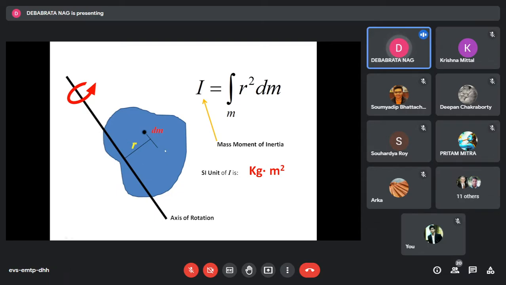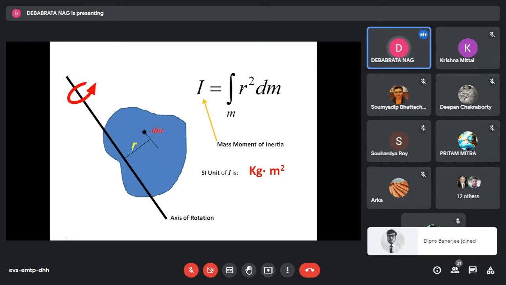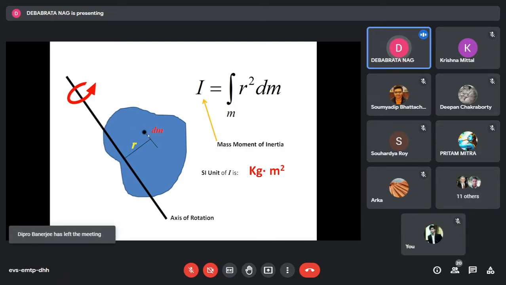Now, this is a rigid body and we take an arbitrary mass particle. Suppose this is an axis of rotation, and this arbitrary mass particle is at a distance r. This r represents the perpendicular distance of this mass particle from this line. Now we see how we define the mass moment of inertia of this body about this line.